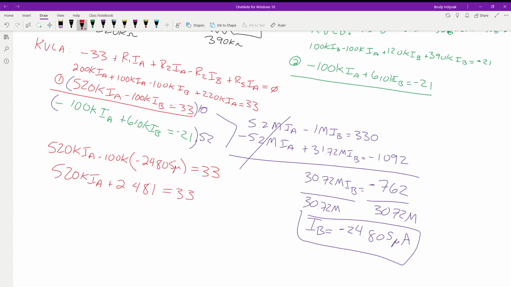We subtract this over. So we have 520K IA is equal to 30.520. Huh? You have a negative times a negative.